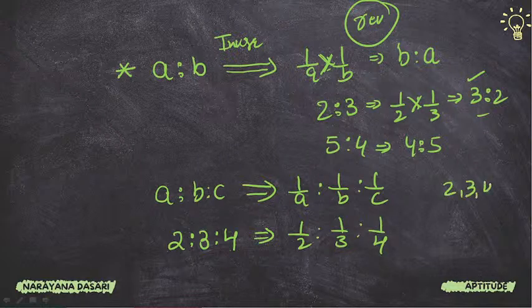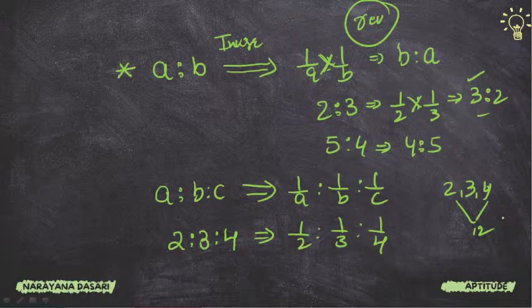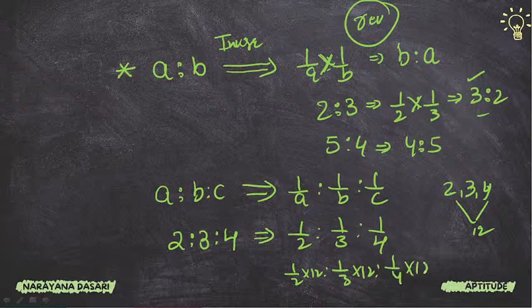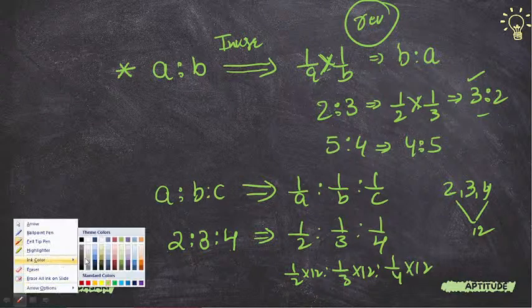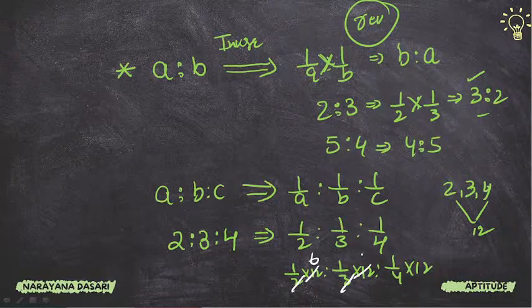What is the LCM, guys? Of 2, 3, 4, the LCM is 12. 12 is a multiple of 2, of 3, and of 4. So 1 by 2 into 12 is 6. 1 by 3 into 12 is 4. 1 by 4 into 12 is 3.